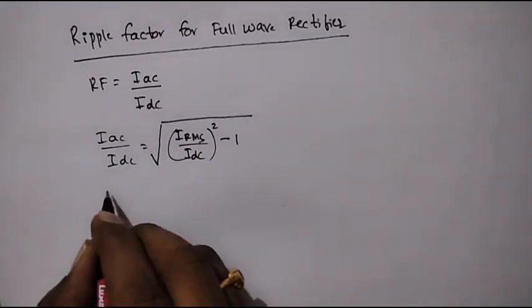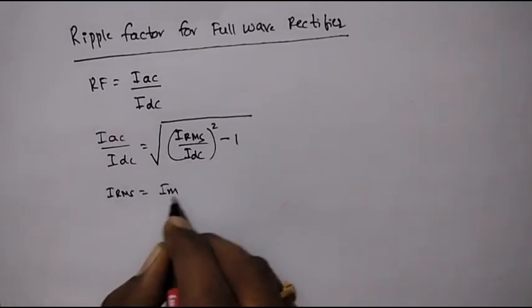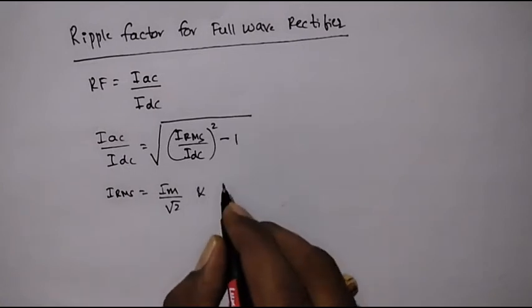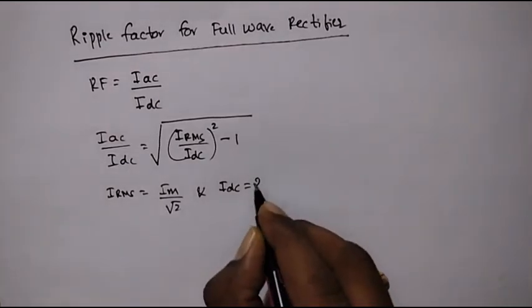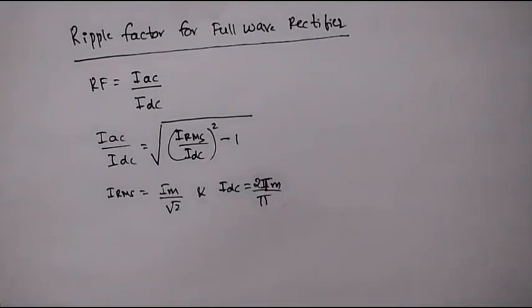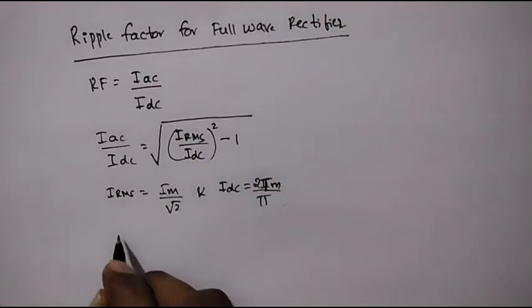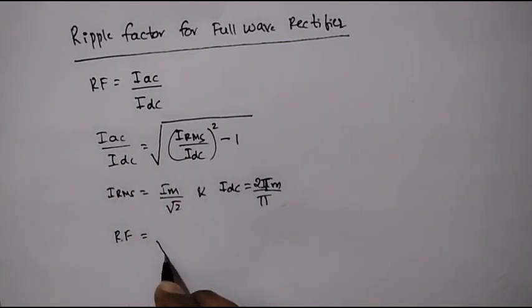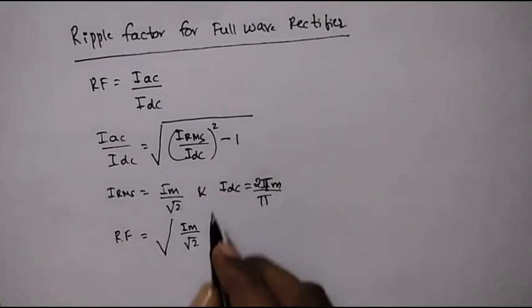So for full wave rectifier, IRMS is Im by root 2 and IDC is equal to 2 Im by pi. Let's substitute IRMS value and IDC value in this equation, so that IAC by IDC, which is nothing but ripple factor, is equal to IRMS, which is Im by root 2, divided by IDC.